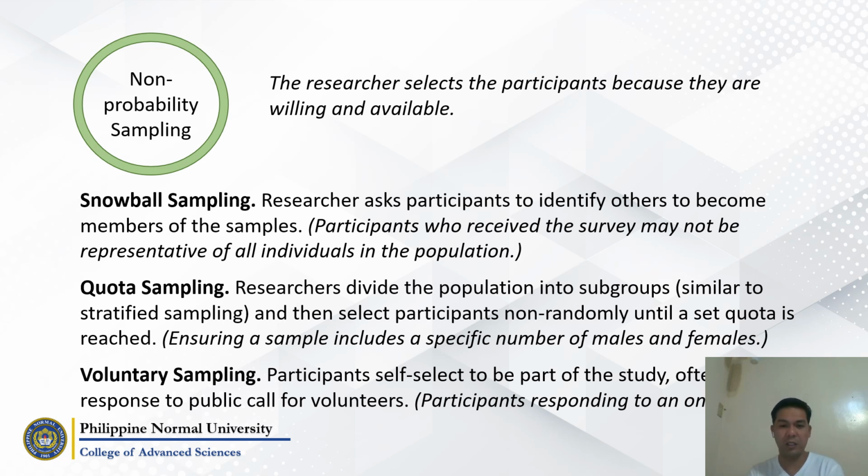But that's the risk that we need to take. An example of this one is participants responding to an online survey. So like when you throw a survey in Facebook, or in your email, and you are only looking for voluntary participants, then you can call them voluntary participants of your study, or we are already employing a voluntary sampling.